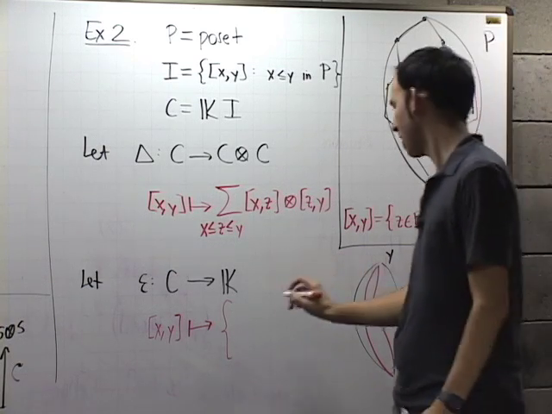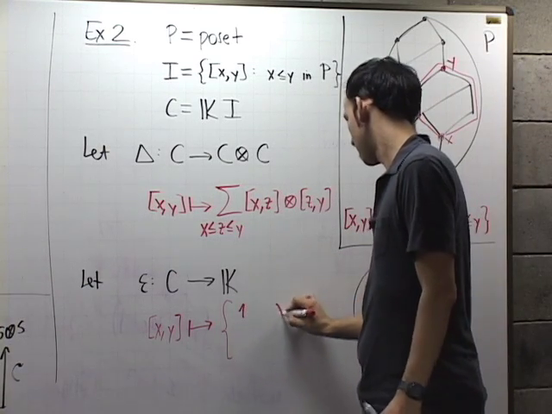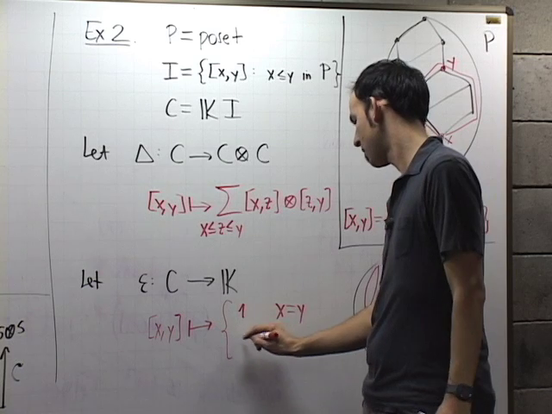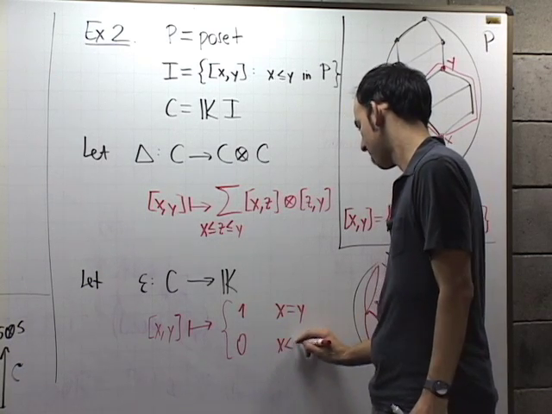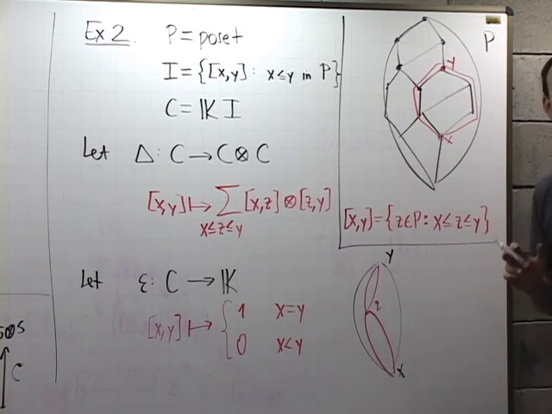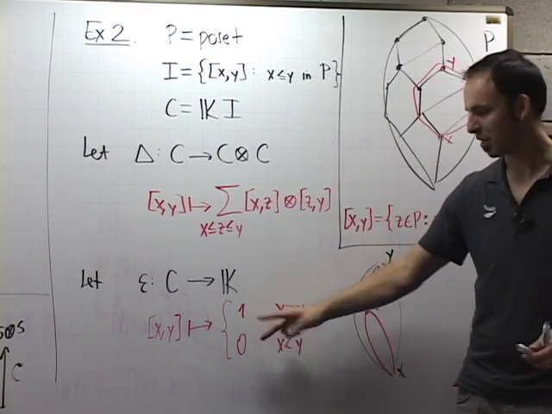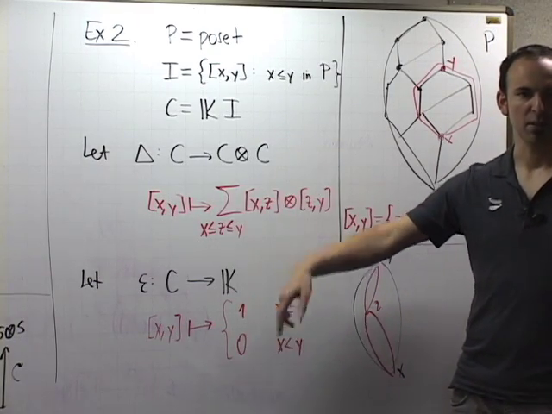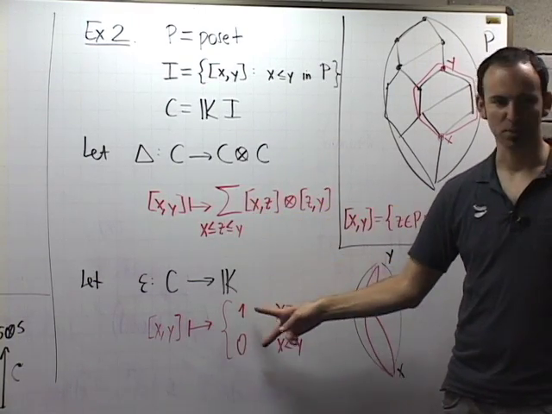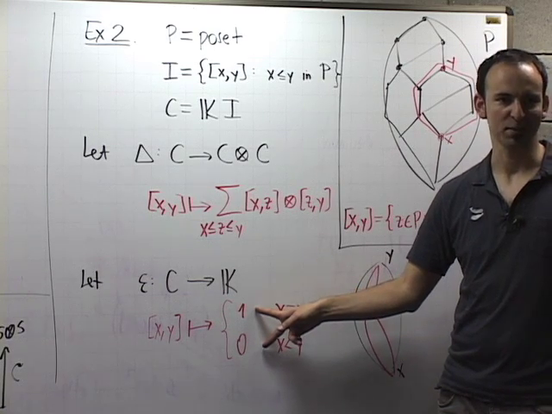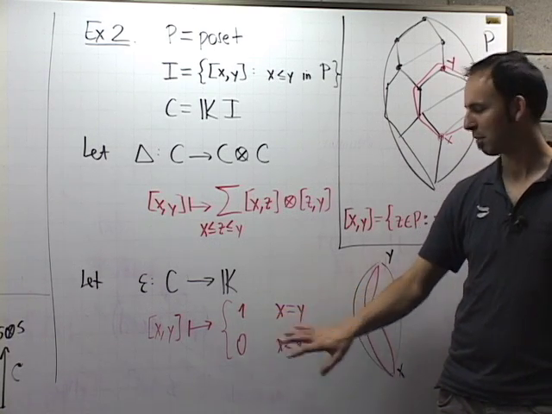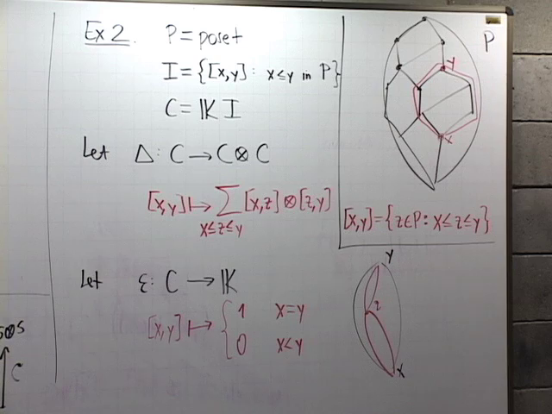So I'm going to say that this goes to 1 if x is equal to y, and to 0 if x is less than y. Okay. Why do I do it like this and not the other way? Because I prepared class and I saw that if I did it the other way, I would not get a coalgebra. It would not satisfy the axioms. But we will see that this satisfies the axioms.